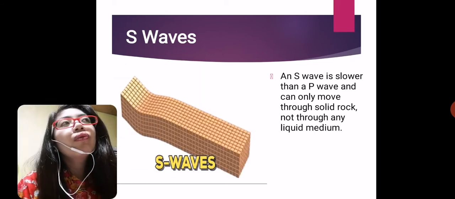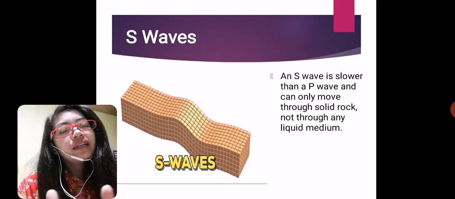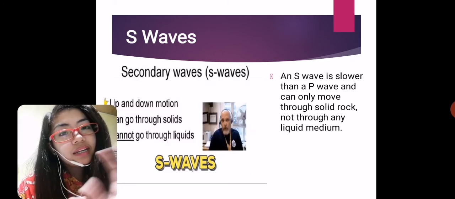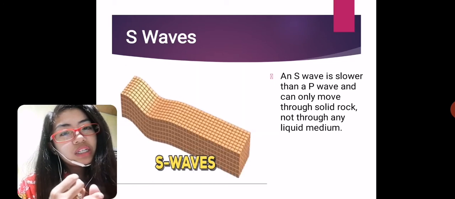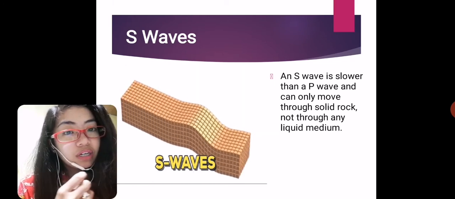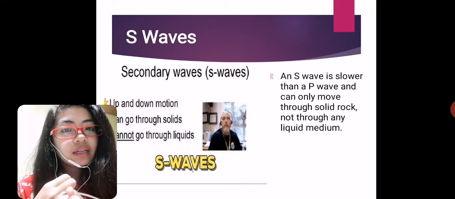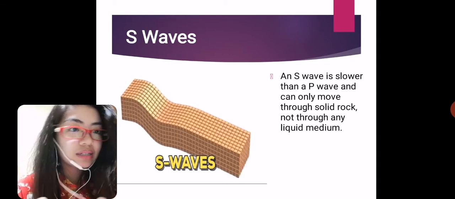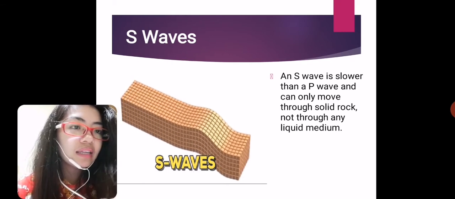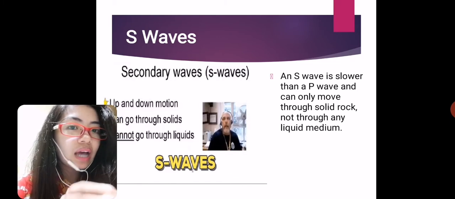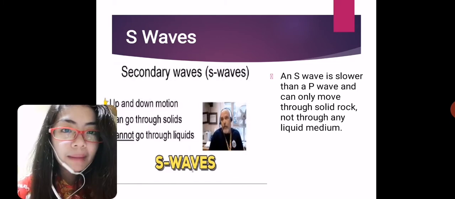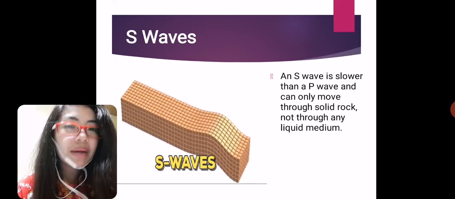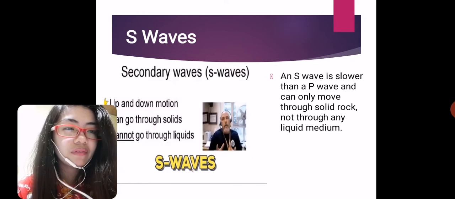Kasi if we're going to identify yung ating states of matter dun sa ating layers of the earth, so si inner core is made up of solid materials, si outer ay liquid, pagdating kay mantle ay solid na ulit up to the crust. So, si S-wave natin, kaya niyang mag-travel through the outer core, through the mantle going to the crust. Yun nga lang, mas mabagal siya compare kay P-wave.